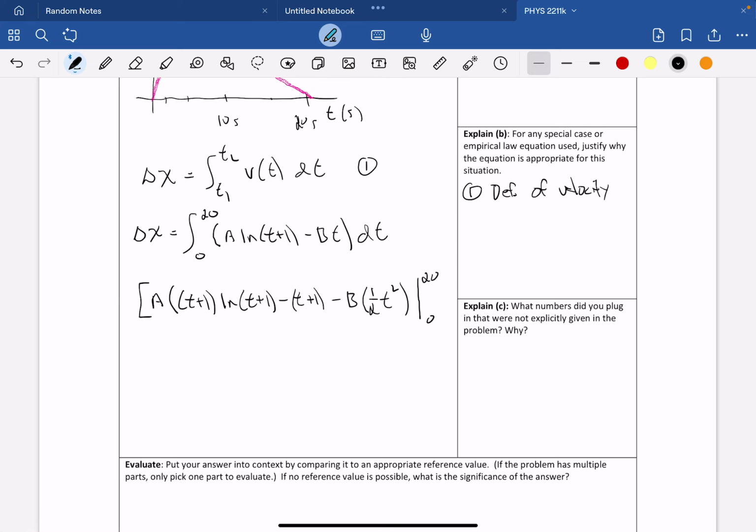All right, so let's go ahead and plug that in. So we're going to have a, which is 10, times, let me get this straight. I think I missed a parentheses here, because that a is multiplied by that whole thing.